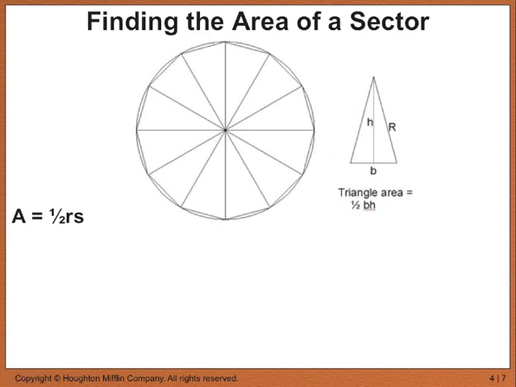Well, what's going to happen? As the number of triangles increases, this length, which I am now tracing out with the mouse arrow, that length, which is B, is going to get closer and closer to this arc length, which is S. And in fact, the difference will be minuscule for very, very large numbers of isosceles triangles.